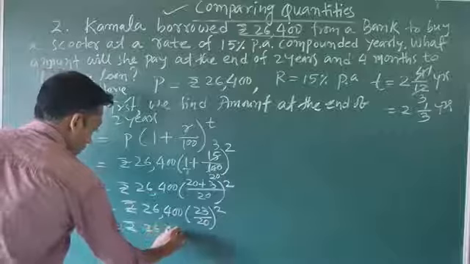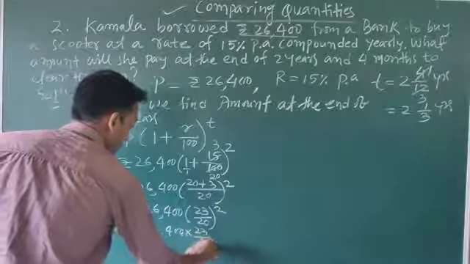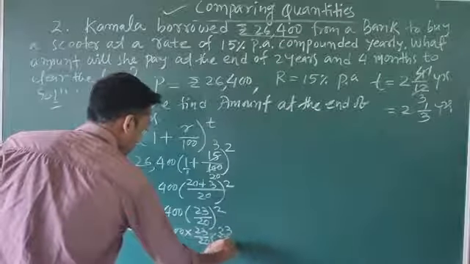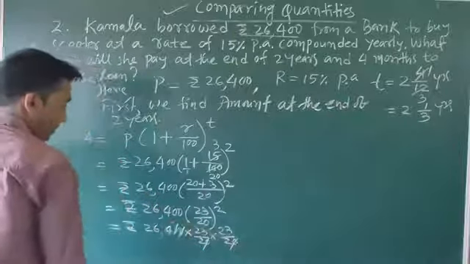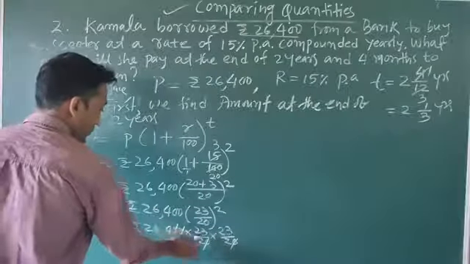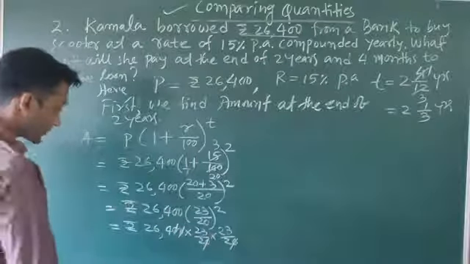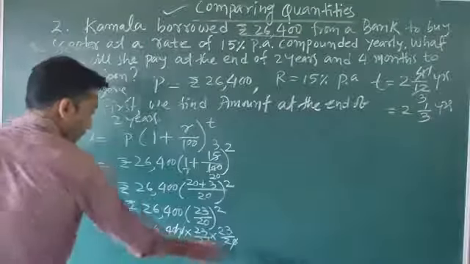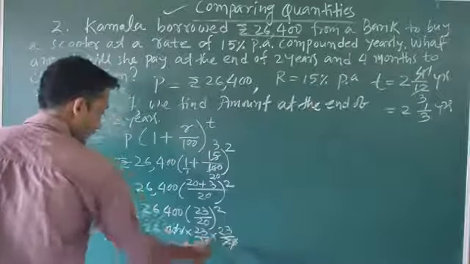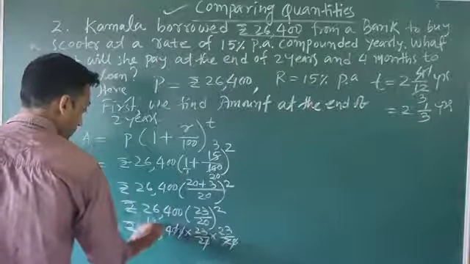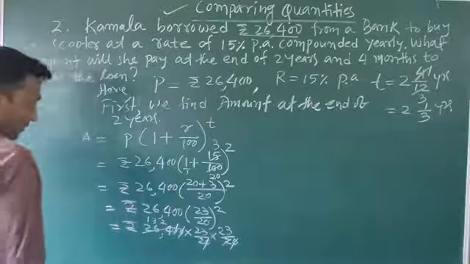Now 23 by 20 squared means 23 by 20 into 23 by 20. The 20 in the numerator and the 20 in the denominator cancel. Now the 264 divided by 2: 2 ones are 2, 2 threes are 6, 2 twos are 4, that means 2 into 132 is 264.